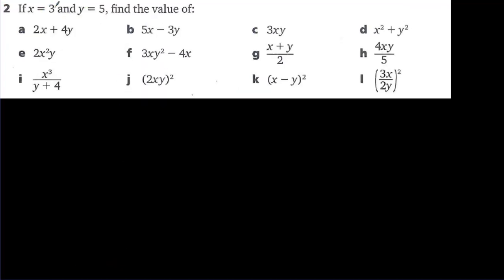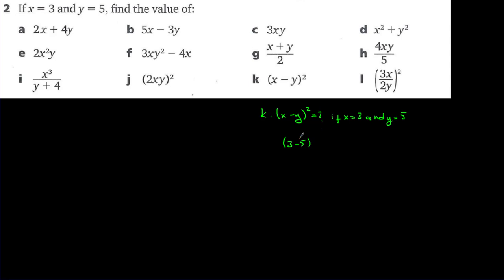Here I'm going to replace x and y again, and I want to do the k exercise. So x minus y square is equal to what? If x is equal to 3 and y is equal to 5, it means that I'm going to replace x by 3 like the others and y by 5.